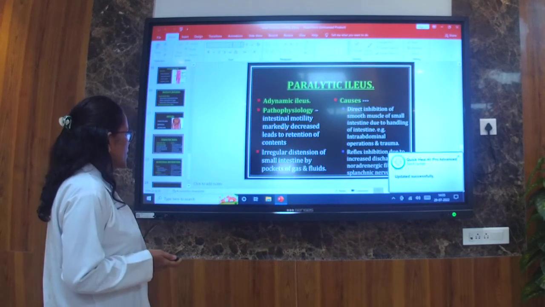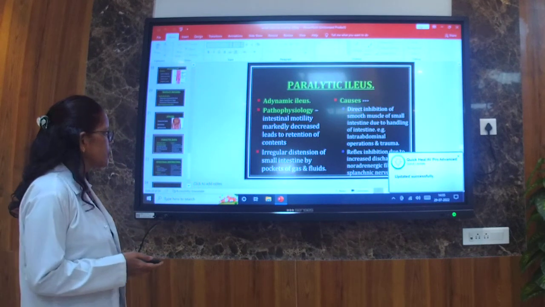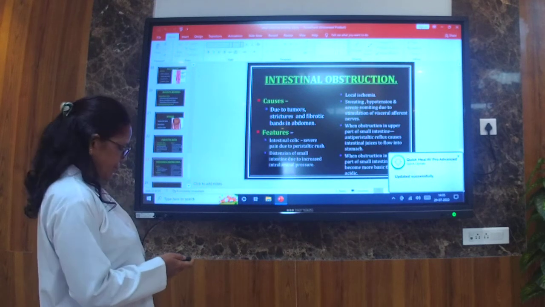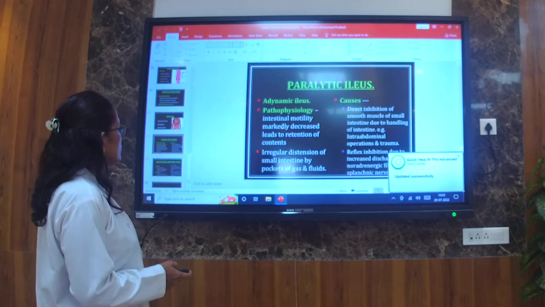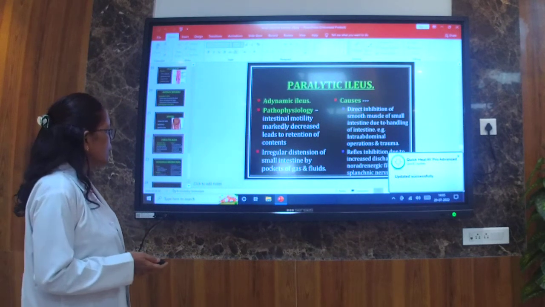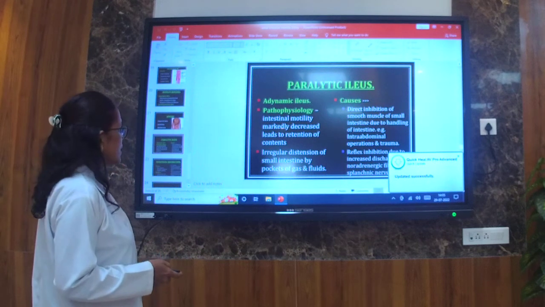Because of that, irregular distension of the small intestine by pockets of gas and fluids is there, and there is severe pain in the abdomen, and vomiting may be there.